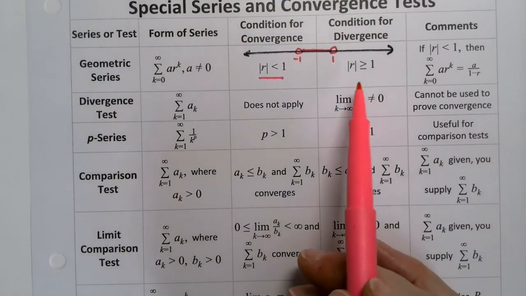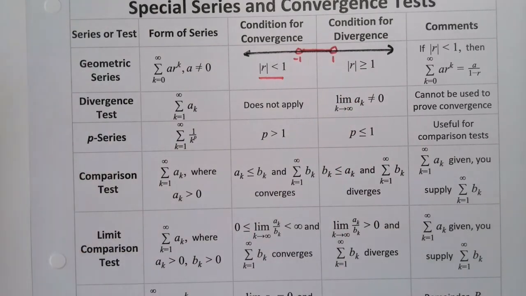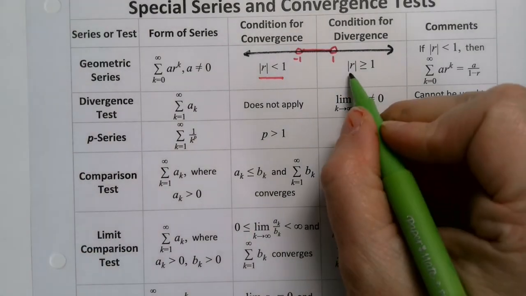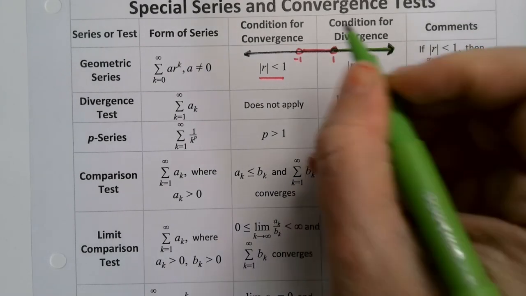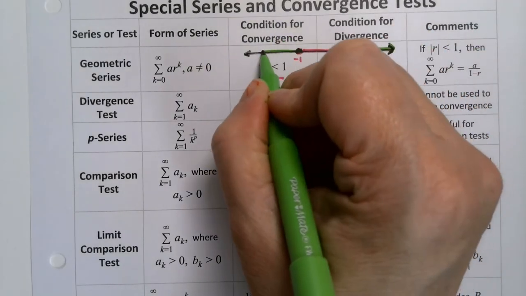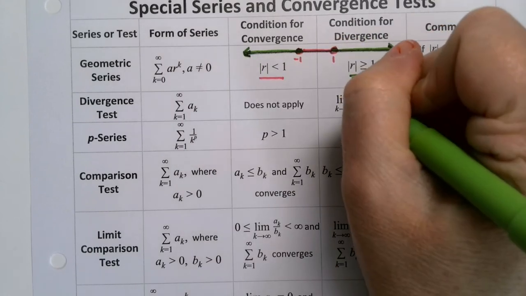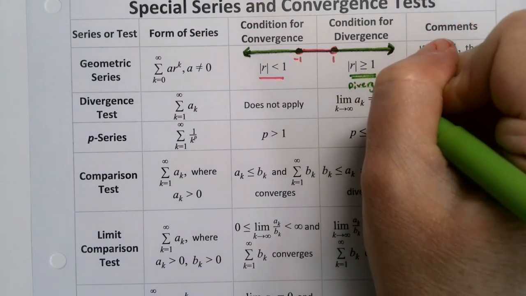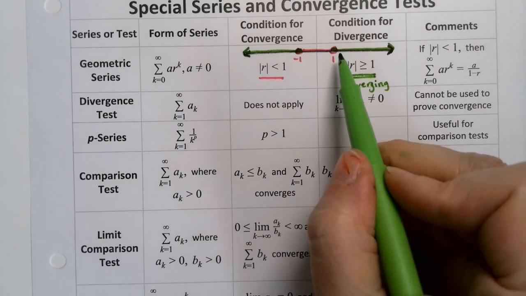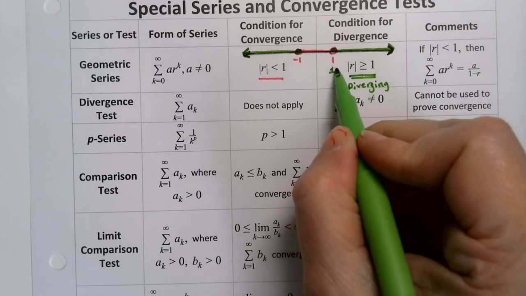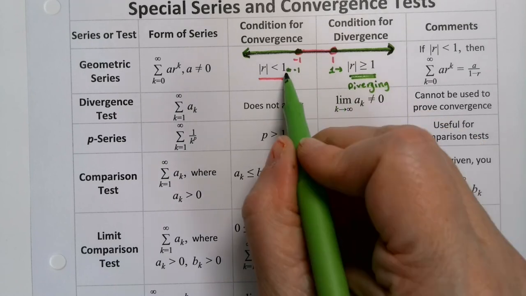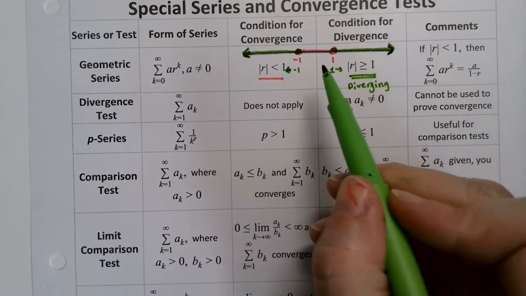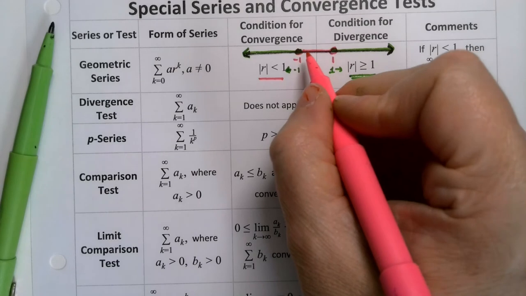And it diverges if the absolute value of your ratio is greater than or equal to 1, so from 1 onward and from -1 onward. So this is diverging. I apologize if you're colorblind. Diverging is from 1 and beyond, and from -1 and beyond, in that direction, like an arrow. And then it converges in the middle.